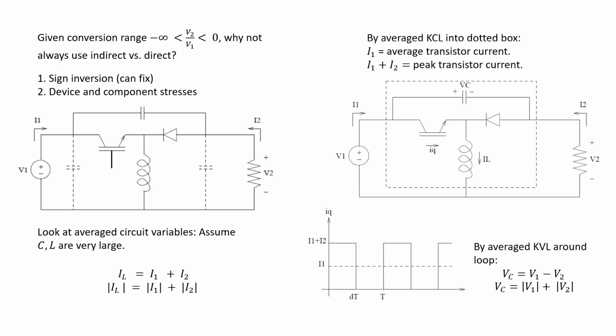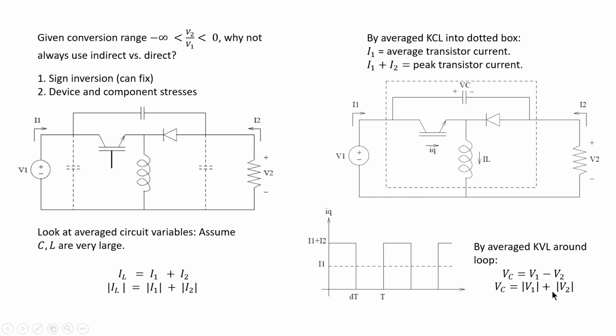And again, for the voltage on the capacitor, the absolute value of voltage on the capacitor has to be the sum of the absolute values of V1 and V2. Okay?